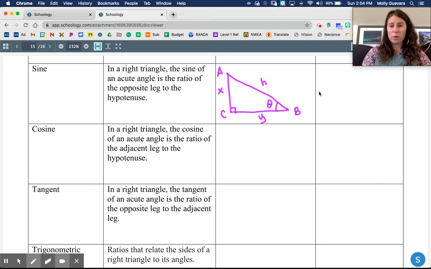So it's a ratio. What we say is sine of B is equal to the opposite side over the hypotenuse. My dog's gonna play with his squeaky toy now.